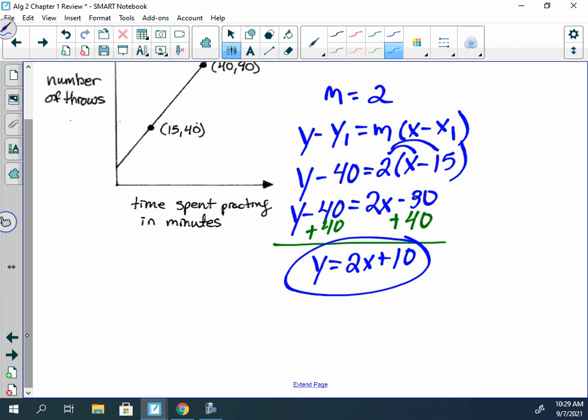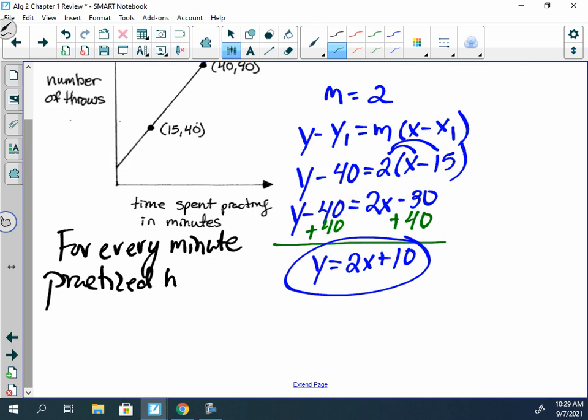And then it asks for us to interpret the slope or describe the slope. So for every minute practiced, he throws, T-H-R-O-W-S, 2 pitches, because our slope is 2 over what?